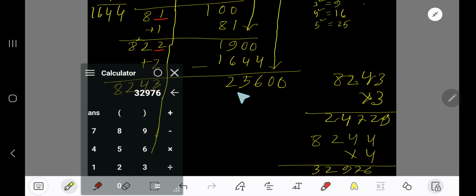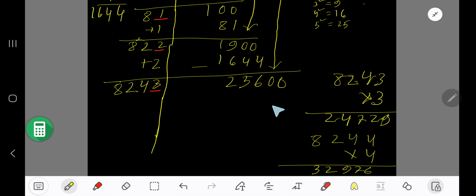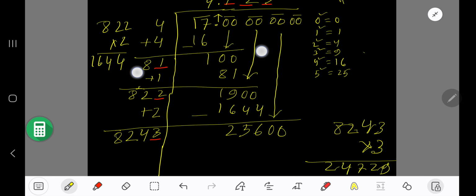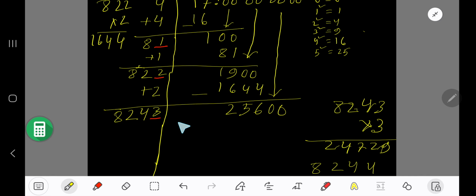This is greater than this, so our guessing digit 3 is correct. So if we multiply 3 times 8243, then we will get 24,729.